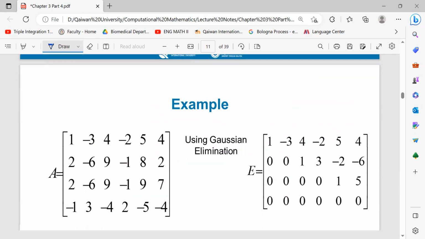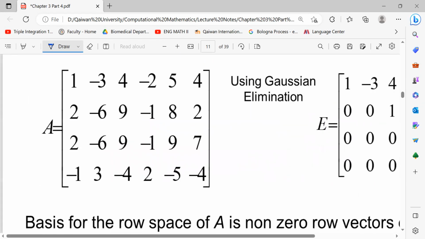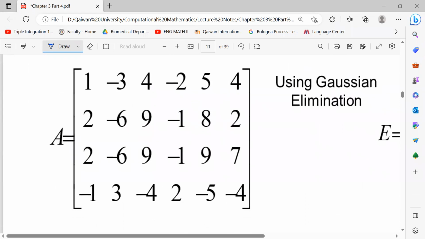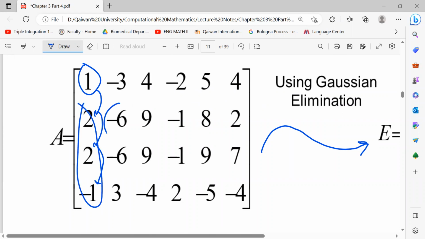Look at this example. Here we have A given. A is this matrix. We first change the matrix to reduced row echelon form. How? This is 1. We try to change these to 0. Okay? We change these to 0. And then we come to here. We try to change this to 0.